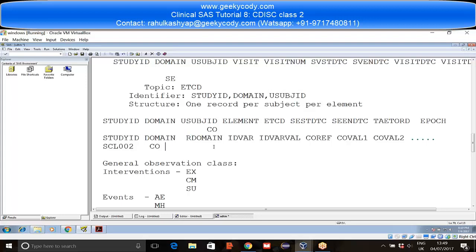Suppose you have a comment from the VS domain, here we'll write VS. If you have a comment from EX domain, we'll write EX. If from SE, we'll write SE. You should know from where we are getting that comment.